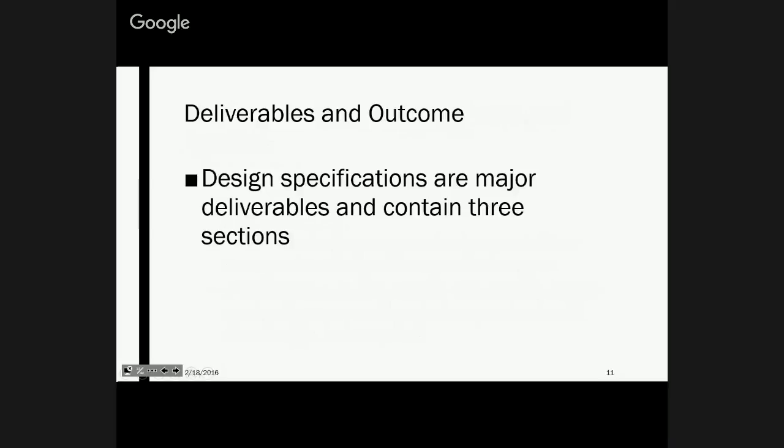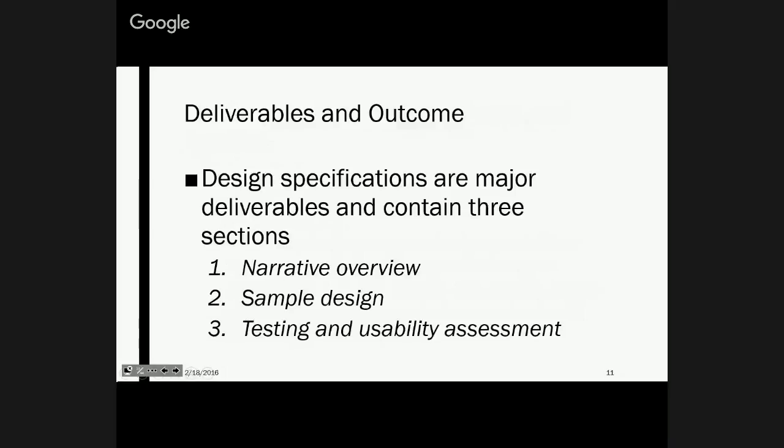So design specifications are deliverables. We keep talking about what is the output of this stage. So design specifications: a narrative overview, which is just kind of a word for word description of how it's going to work, a sample design, and then a testing and usability assessment.